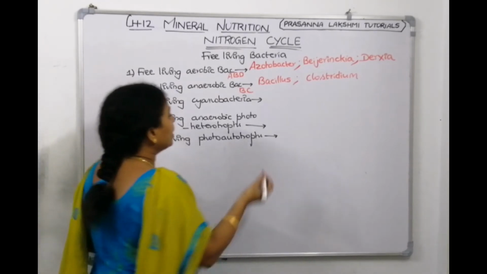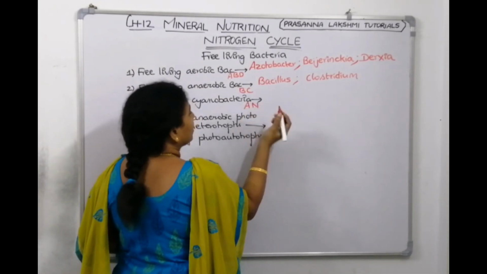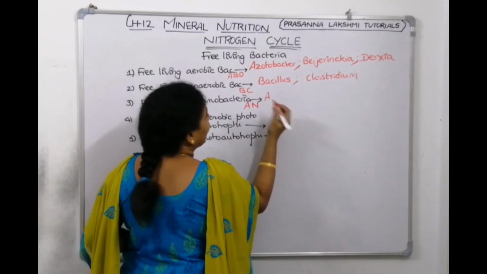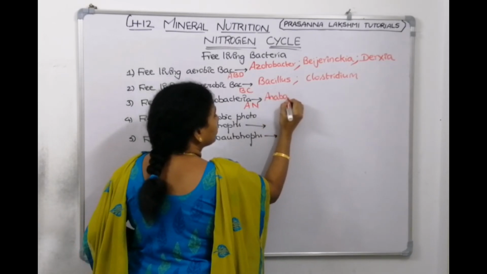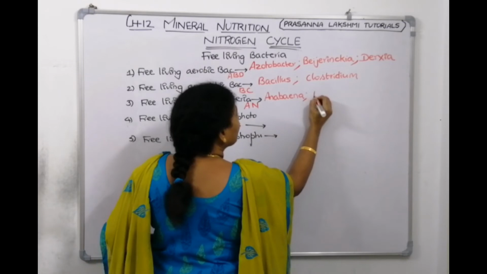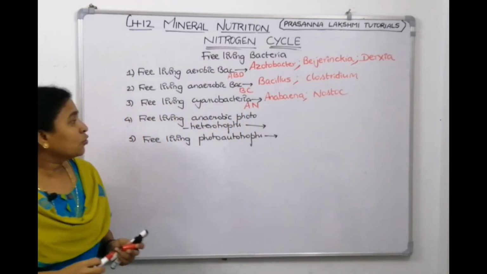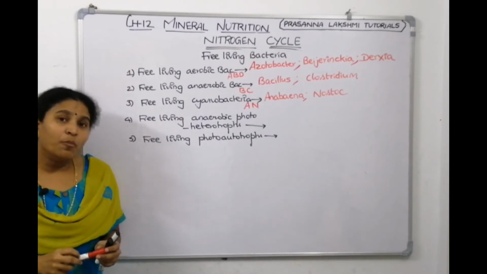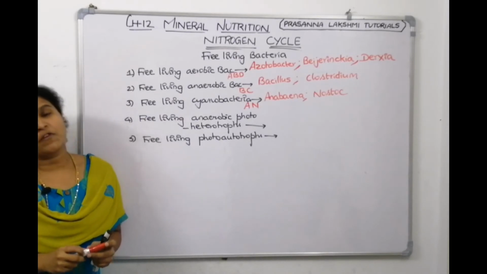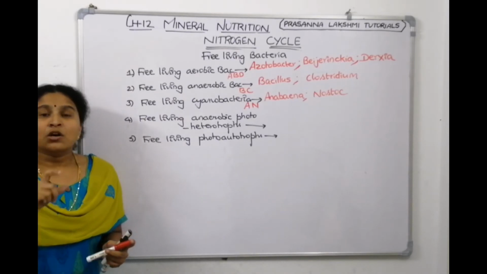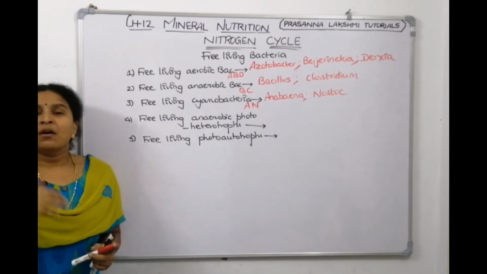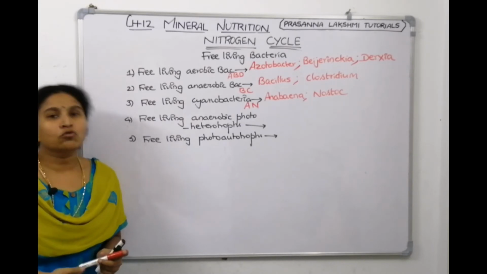Now coming to free living Cyanobacteria, Nostoc and Anabina. The examples are, right, AN. Anabina is one example. Nostoc is another example. Now coming to free living anaerobic photoheterotrophic bacteria, example is Rhodospirillum. One more example, Rhodopseudomonas.